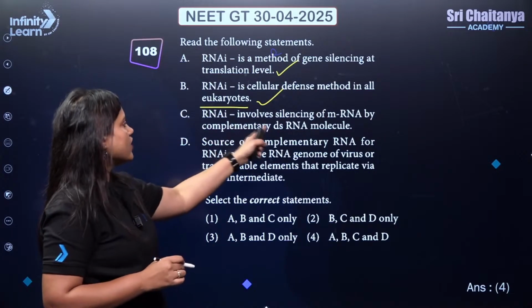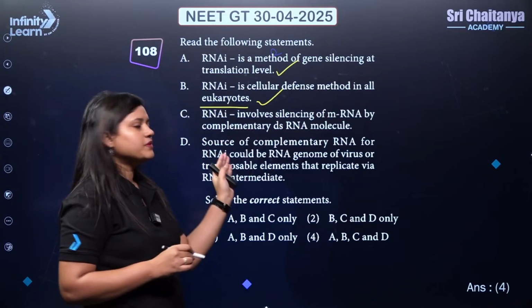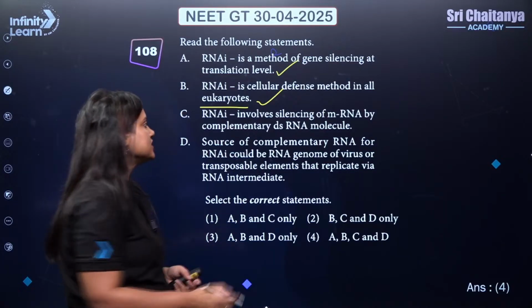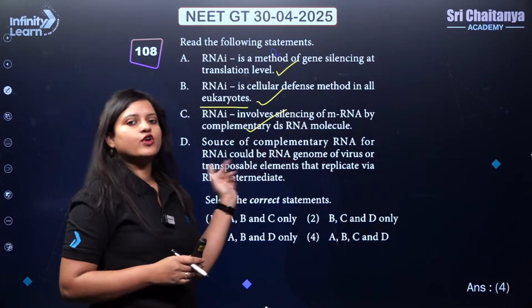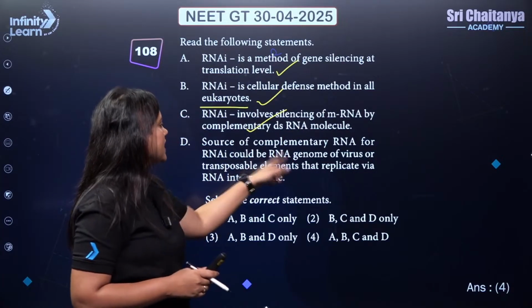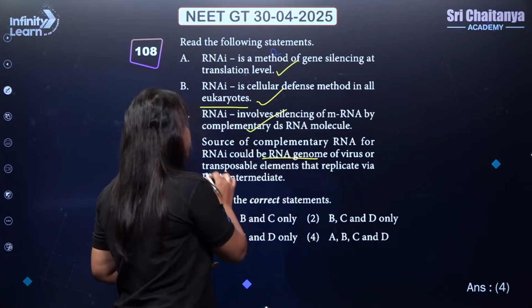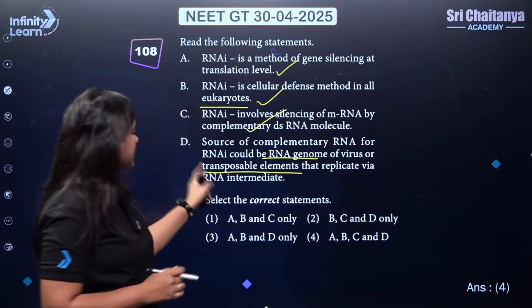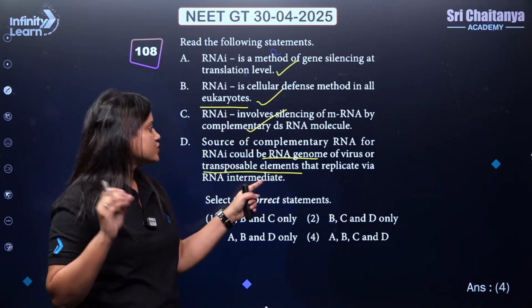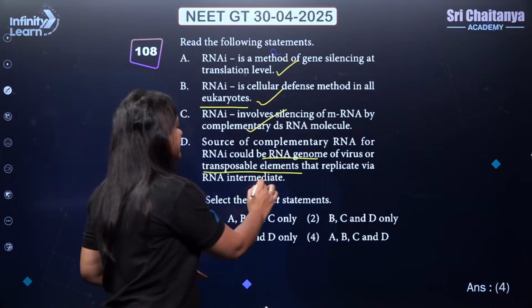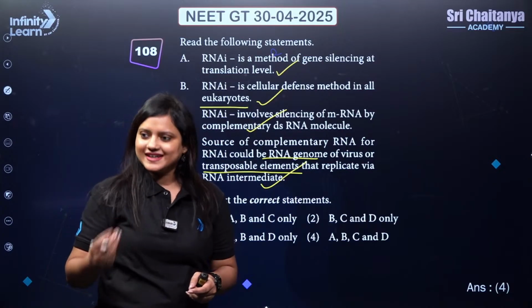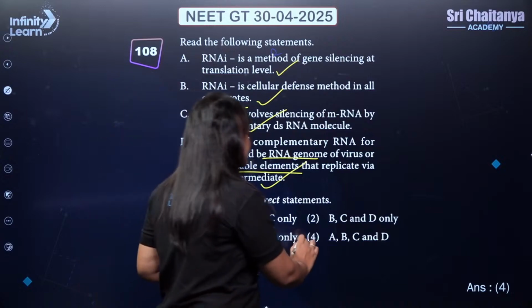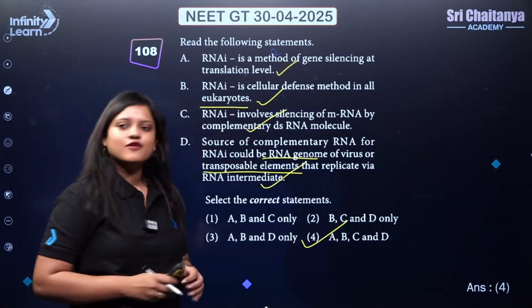RNA interference involves silencing of mRNA by complementary double-stranded RNA formation. Yes. And the source of complementary RNA for RNA interference could be RNA genome of virus or transposable elements, which are termed as transposons, that replicate via RNA intermediate. So basically all the statements are correct. So the correct answer will be A, B, C, D, that is 4.